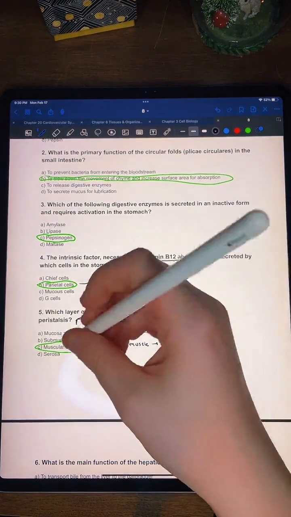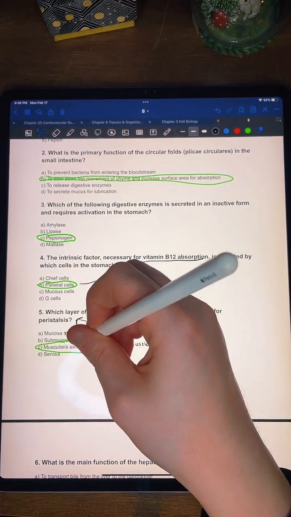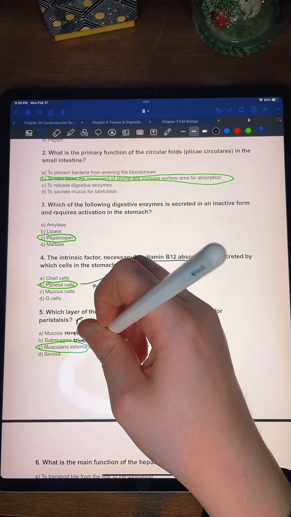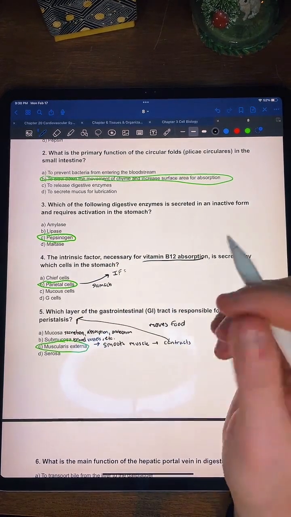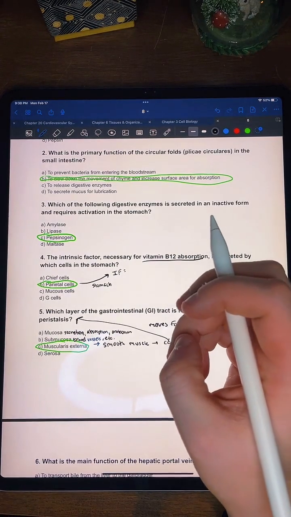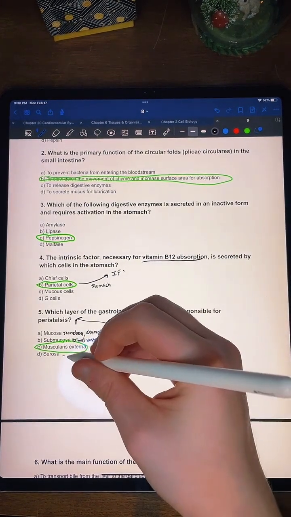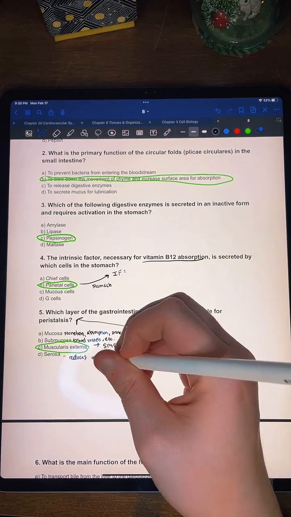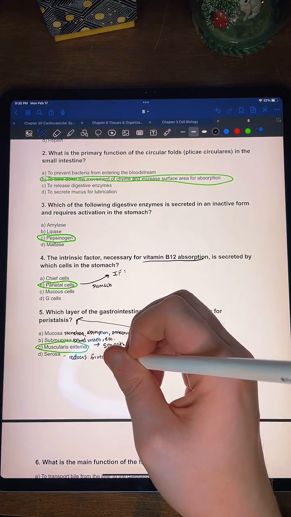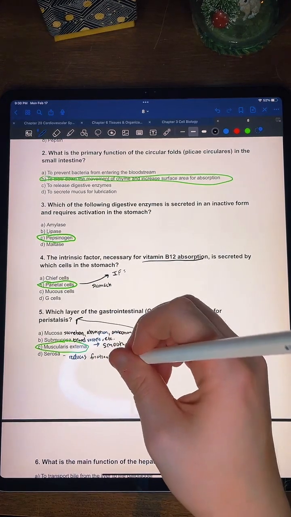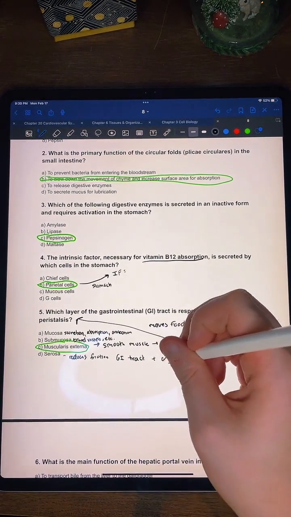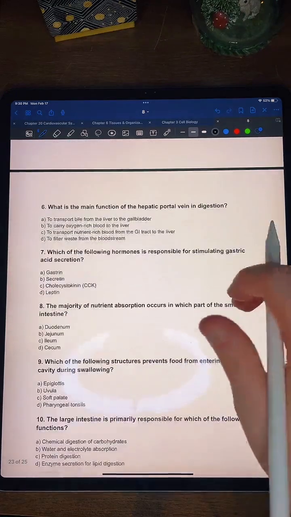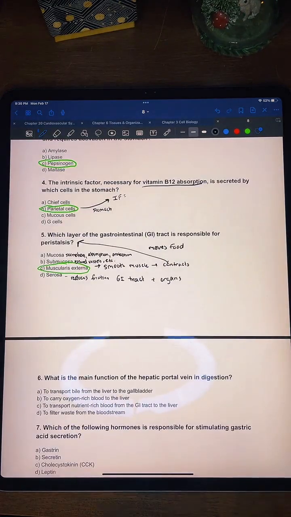The submucosa is what has blood vessels, lymphatics, nerves, etc. And the serosa is what reduces friction of the GI tract and organs. So we good there?